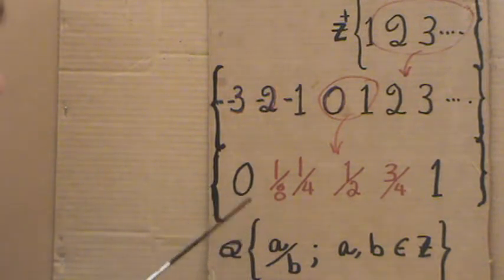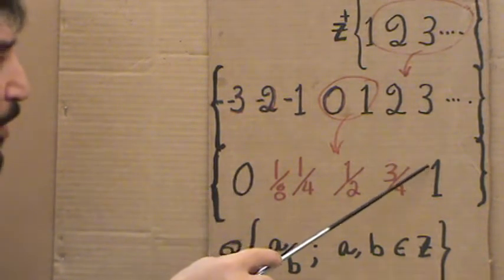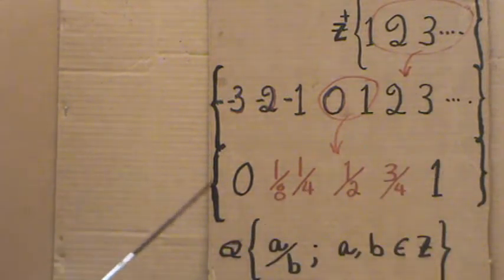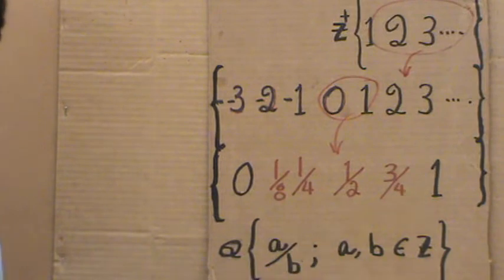Now look, the set of rational numbers: 0, 1, 2, 3, 4, and so on and so forth, -1, -2. Then between 0 and 1, just that single interval, there are infinitely many rational numbers. I have put some of them for you.